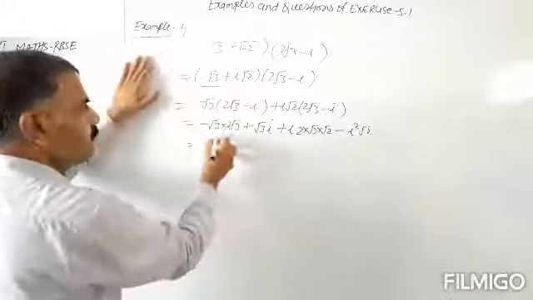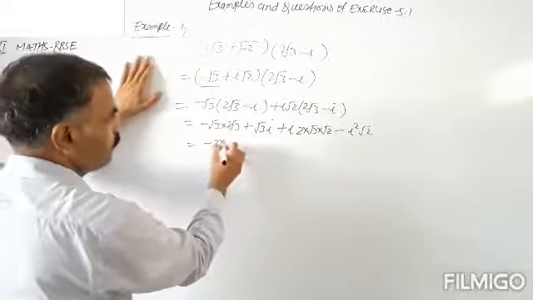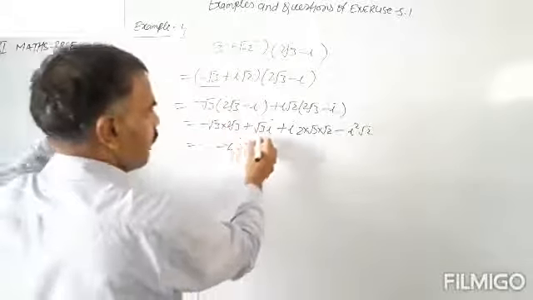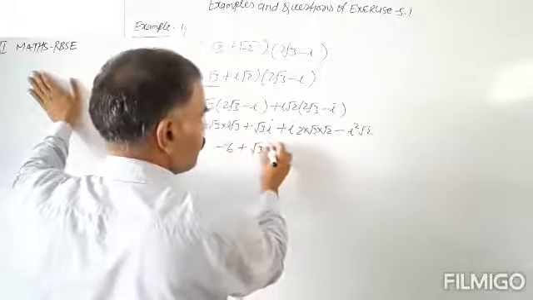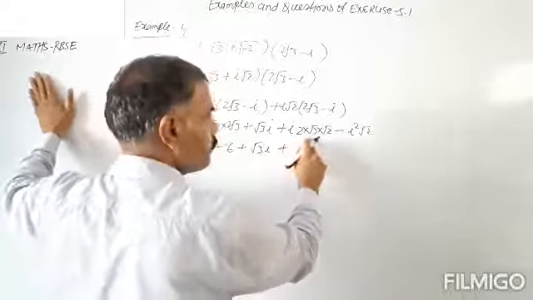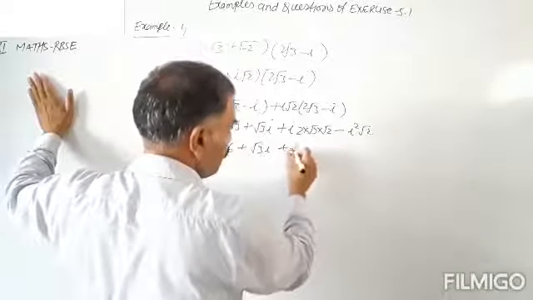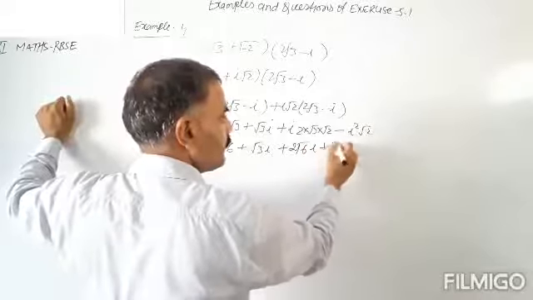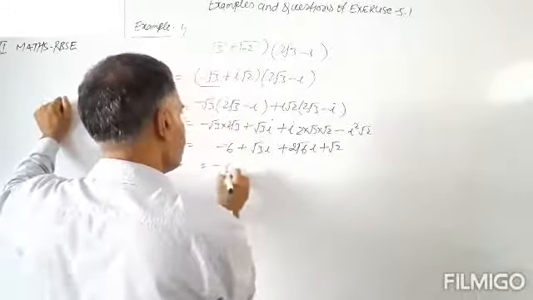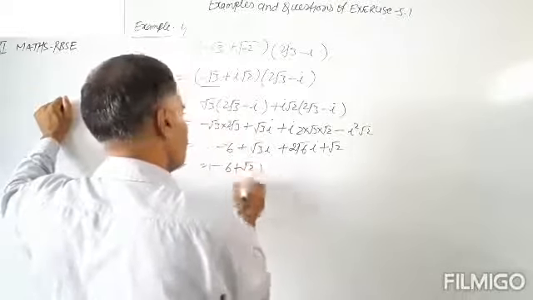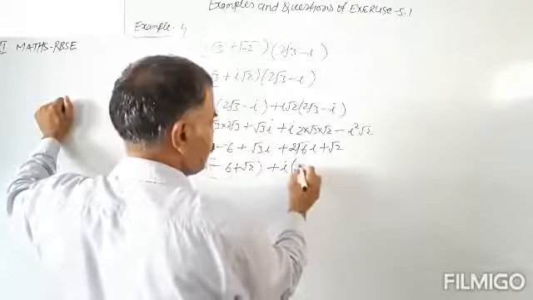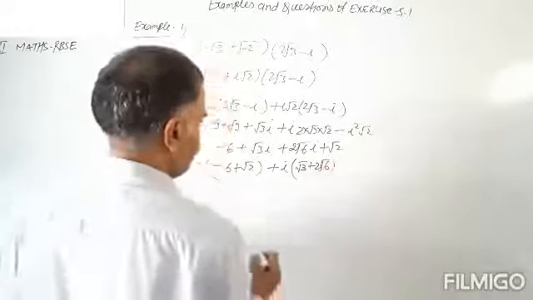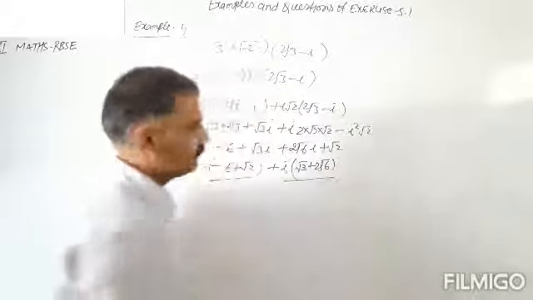So this is equal to minus 2 into 3, minus 6, plus under root 3 iota plus 2 under root 6 iota minus iota square plus under root 2. So equals minus 6 plus under root 2, and iota is taken common, under root 3 plus 2 under root 6. Okay, so this is the standard form.